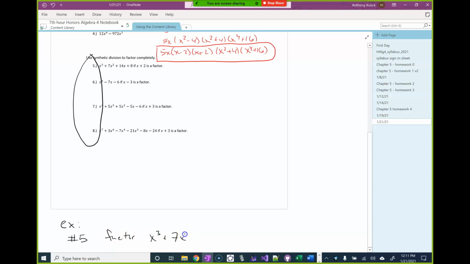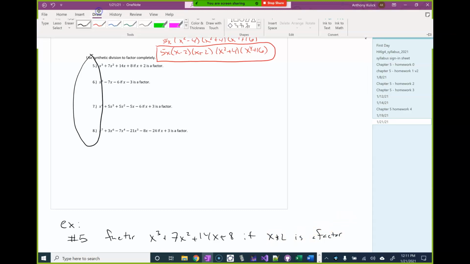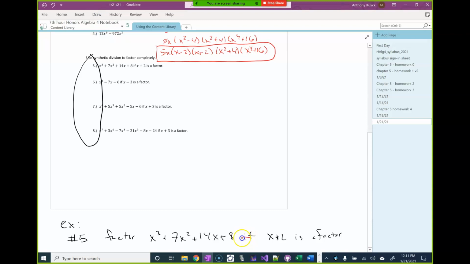We told you one of the factors that you can use. What we're going to deal with today is, what do we do if we take that away?